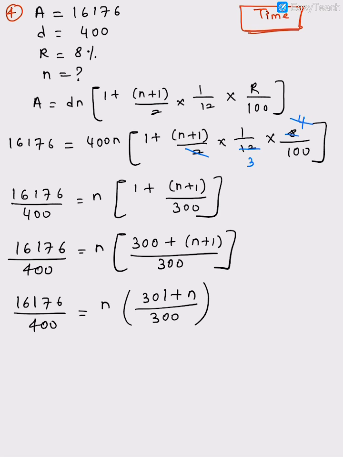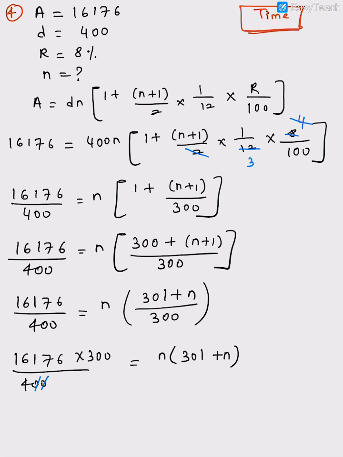Now what we'll do, we will take 300 on the other side. So you'll get 16176 divided by 400 multiplied by 300 is equal to n into 301 plus n. Now, how can you simplify this?